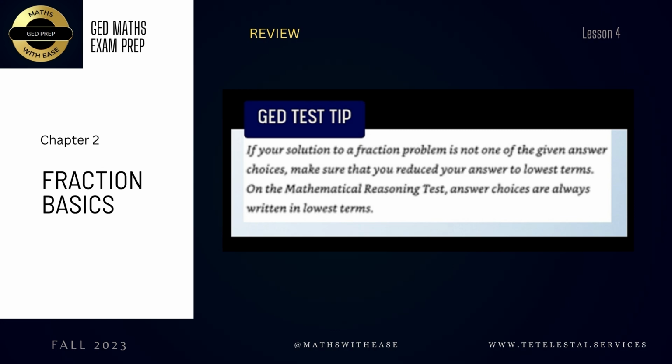But at face value, it might look different because you haven't reduced 2/10 to its lowest term, which is actually 1/5. Okay. So that's what this is telling you to keep in mind: you may have worked through your problem and actually have the right answer, but it may look different from your multiple choice answers because you haven't reduced the answer that you found to its lowest terms.